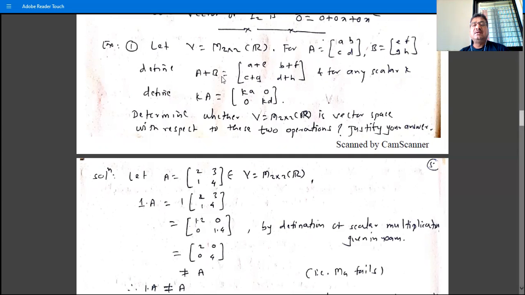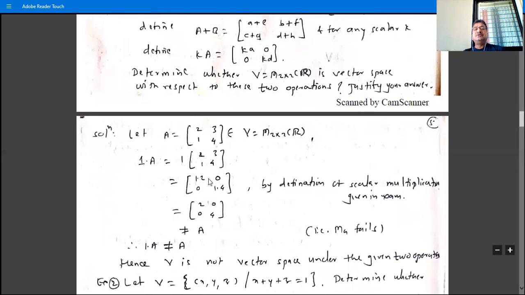Since addition in this example is usual addition, these properties are satisfied for V. But the scalar multiplication is not the usual scalar multiplication, so out of the 5 properties of multiplication, C2 and M1, M2, M3, M4 depend on it, and any one of them may fail for this example.